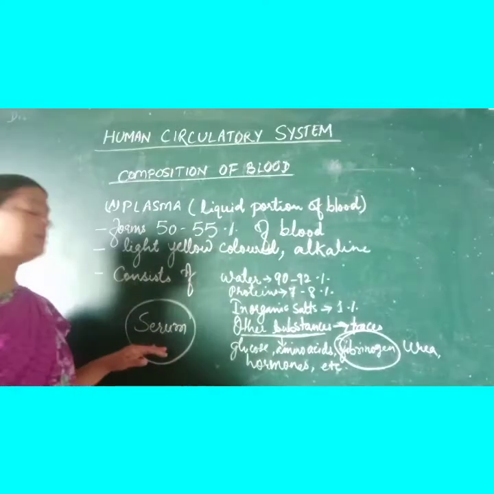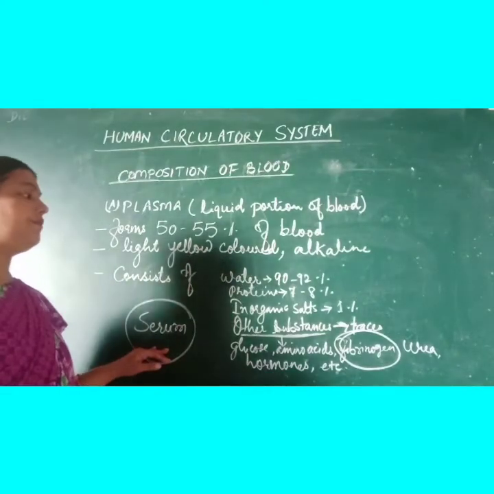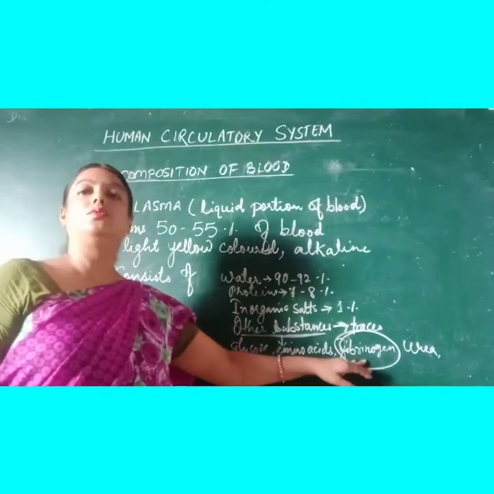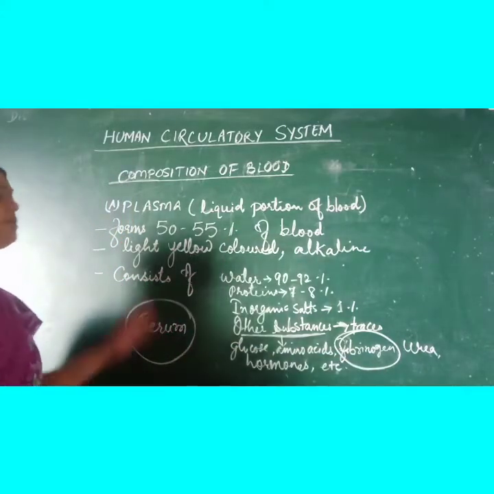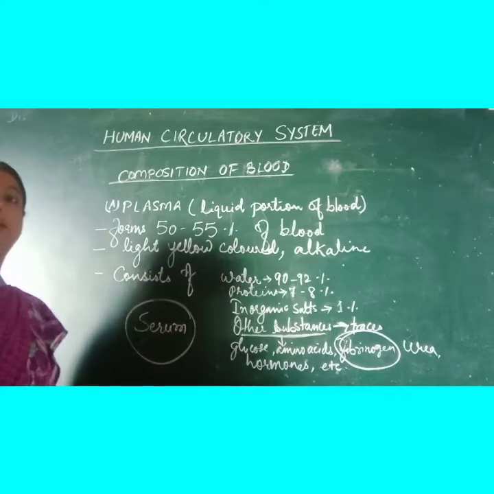So we can define serum as the plasma from which fibrinogen has been removed. So this is all about plasma.